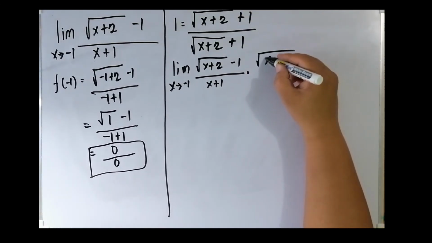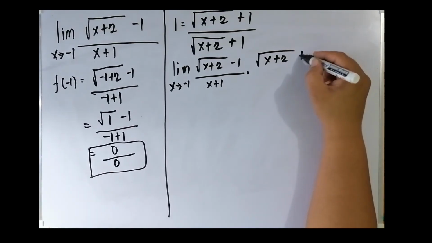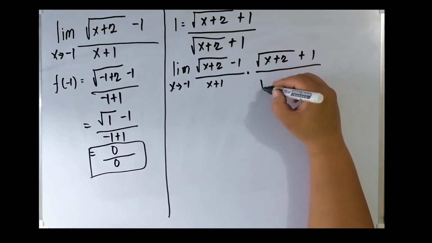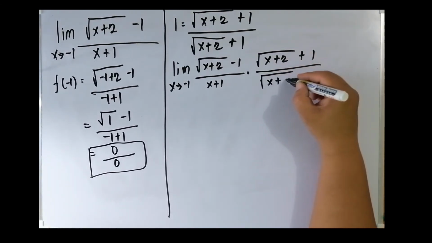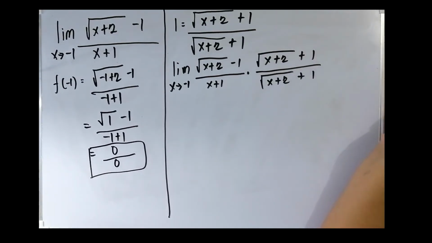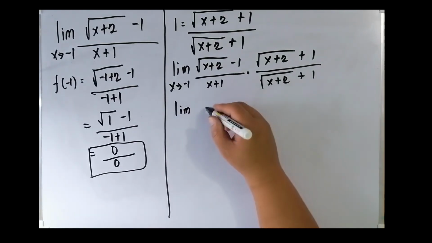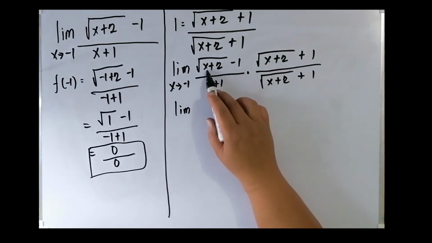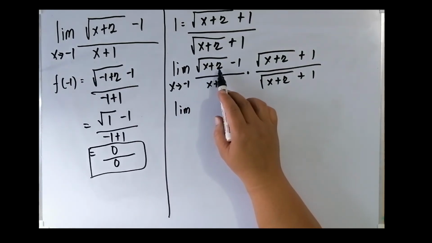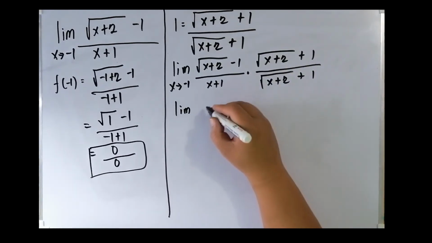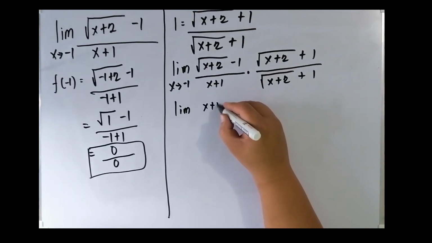So we have square root of x plus 2 plus 1 all over square root of x plus 2 plus 1. So multiply na natin. The square root of x plus 2 times the square root of x plus 2 is simply x plus 2.